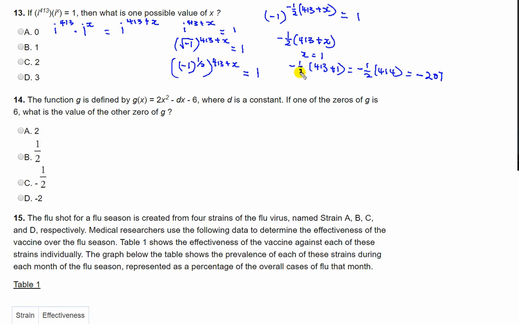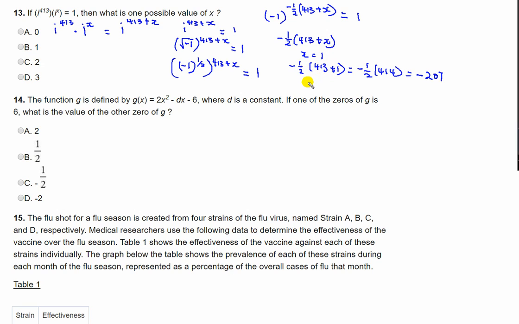Now we put x equal to 0. If you divide, you will not get an even number. Now if you put 2, 415, you divide by 2, you will not get an even number.